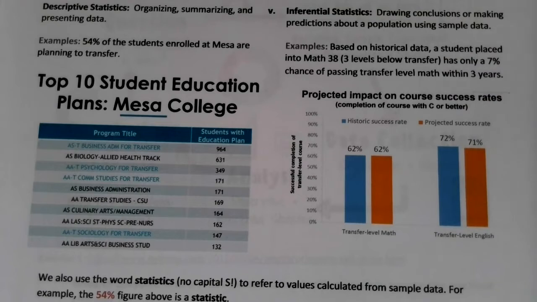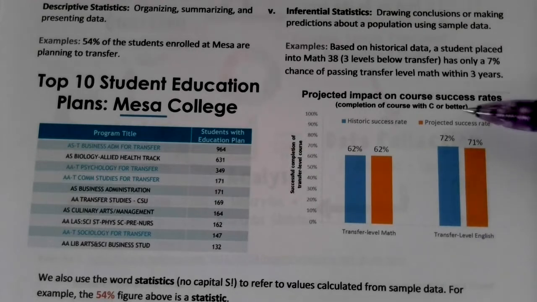Okay, so this is again based on descriptive statistics. First they collected and analyzed the information, but now they're trying to predict or project success rate for the transfer level math.